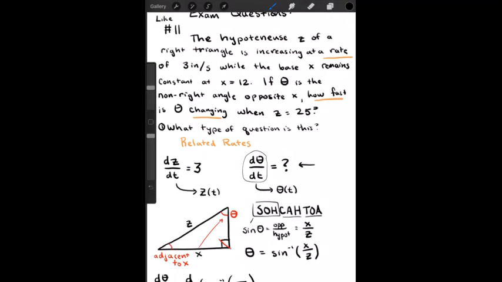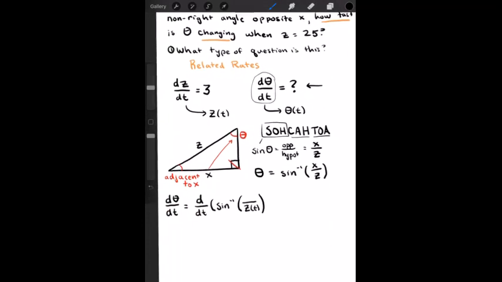Looking back at the word problem. Yeah, we know that x equals 12. Right?